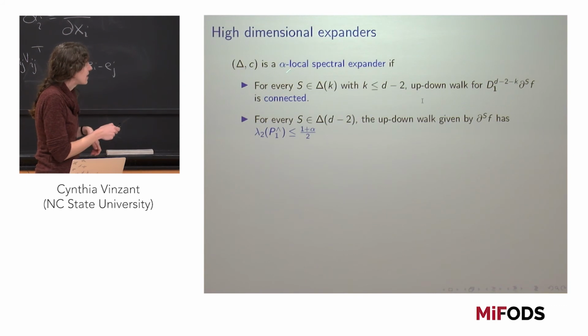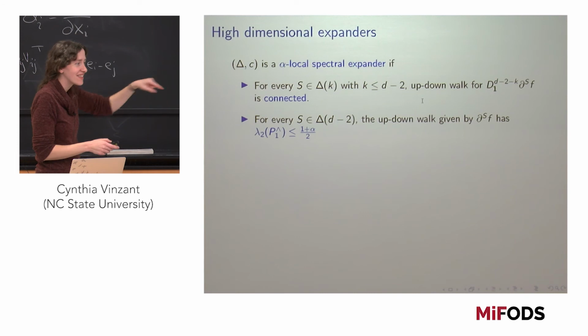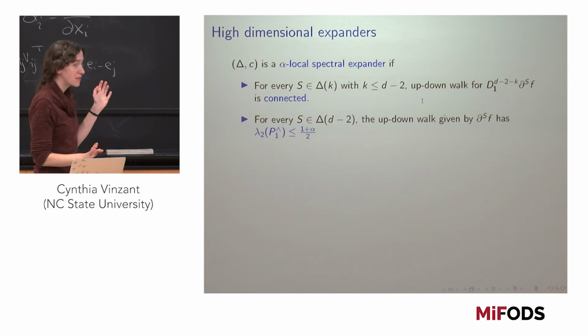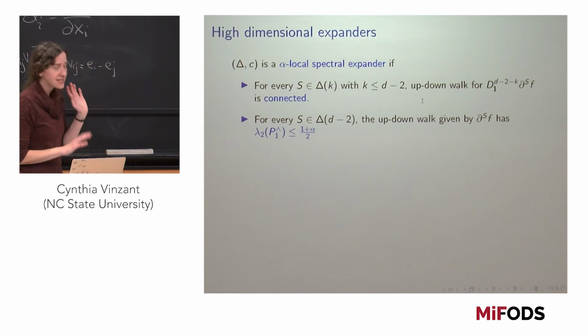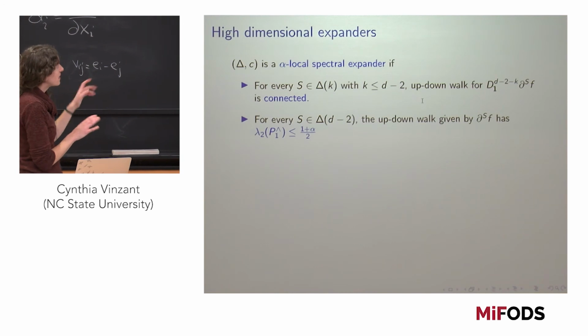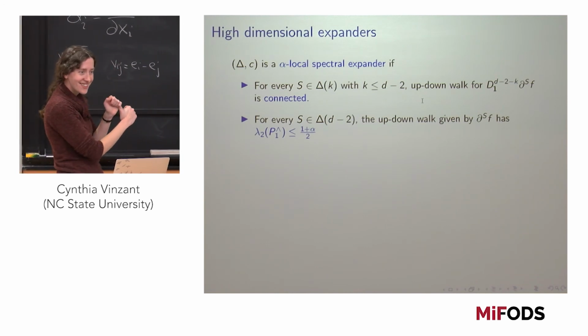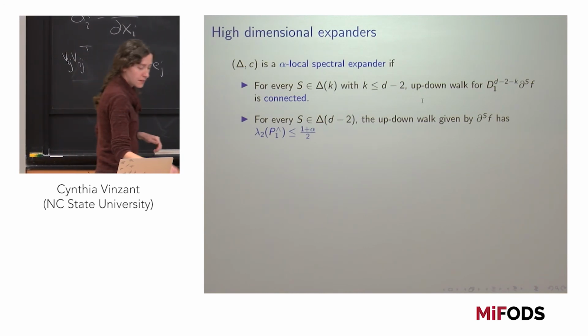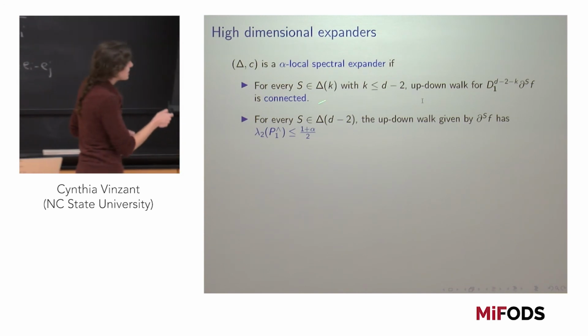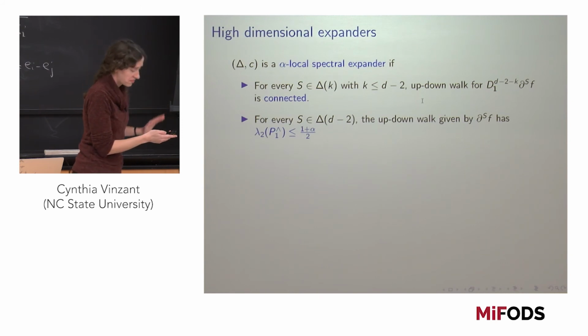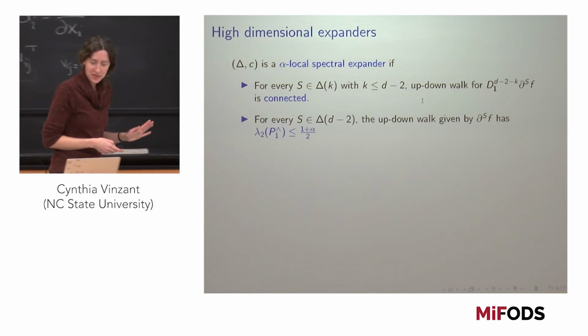And there's an alpha here, and there's an alpha there. You have some bound on the second eigenvalue of this transition matrix. So this is some combinatorial condition on the simplicial complex, and some continuous condition depending on these weights. And let's not worry about the details too much.